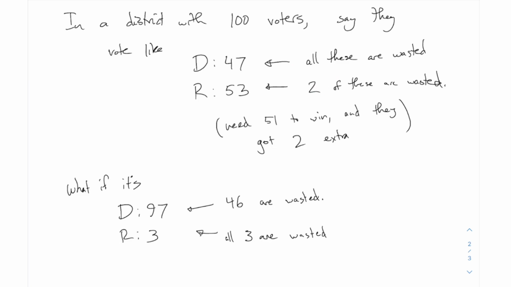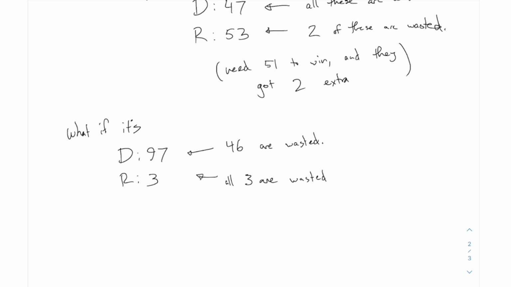But what you see here is in an even district, in a close district, the winner wastes a little bit and the loser wastes a lot. Whereas in a packed district, the winner wastes a lot and the loser wastes only a little bit. That means it's bad to be in a packed district. It results in lots of wasted votes, even if you win. All right? That's the moral of the story here.